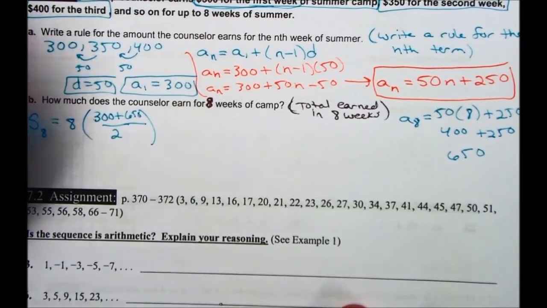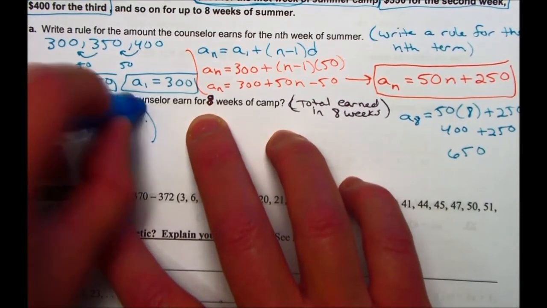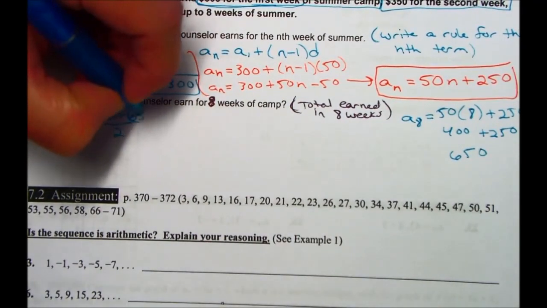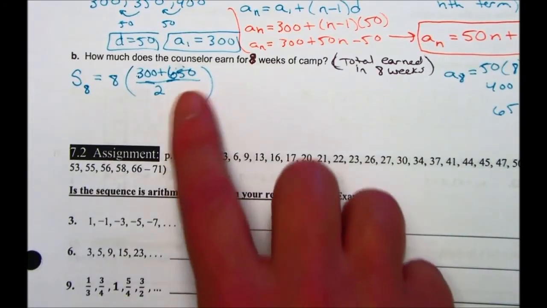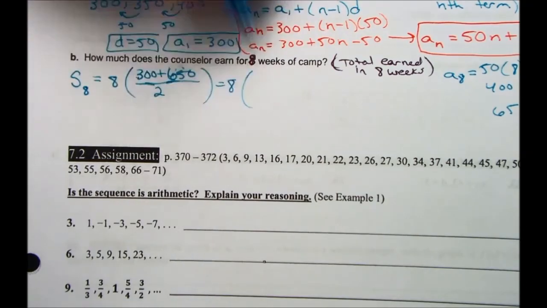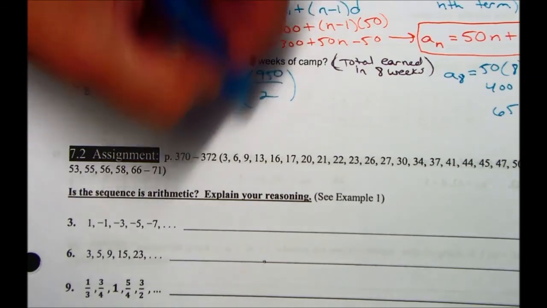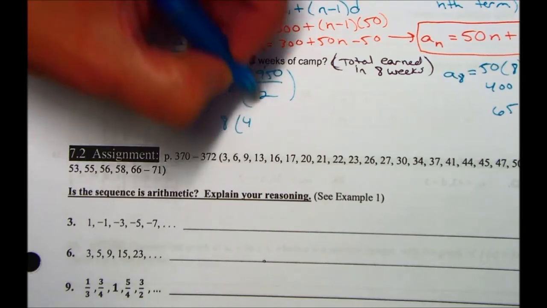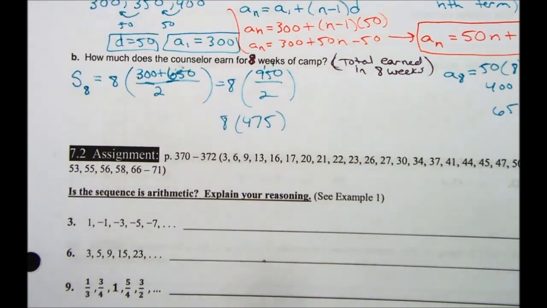So I'm going to put that back over in my equation. I need a little more room. All right, so that 650 now goes back in my equation. Add those up, and I'll get 950 divided by 2. So 950 divided by 2, 2 goes into 9 4 times, 2 goes into 15 7 times, and 2 goes into 10 5 times. So 475.